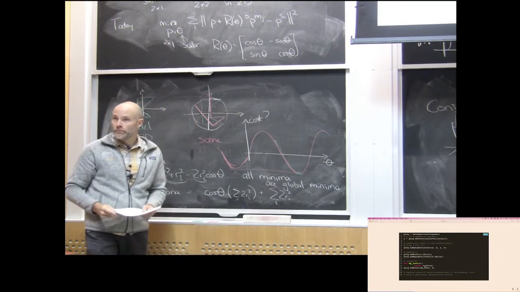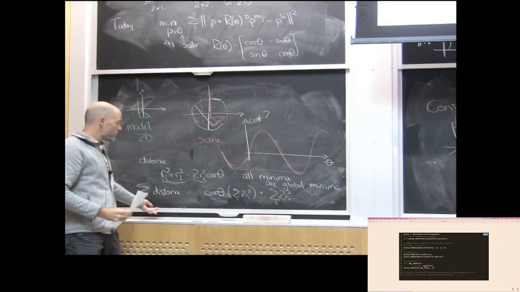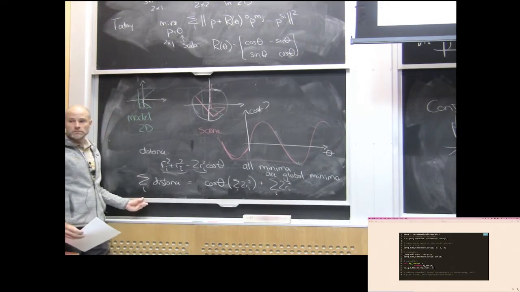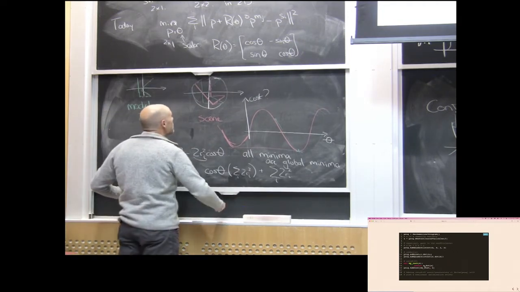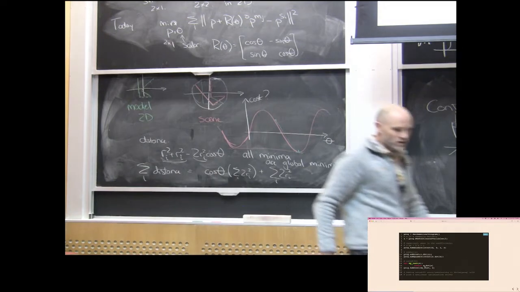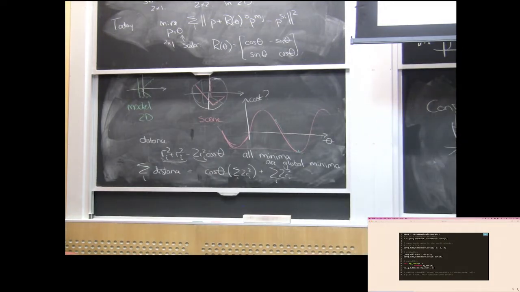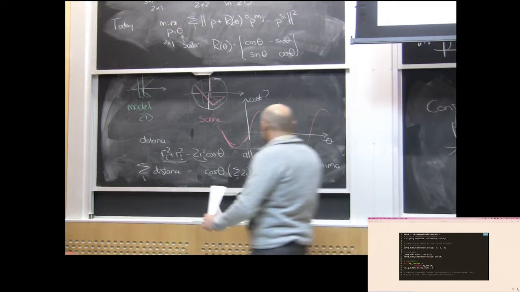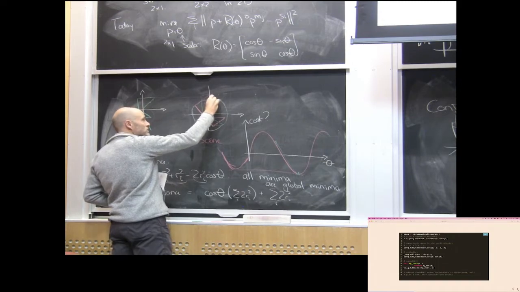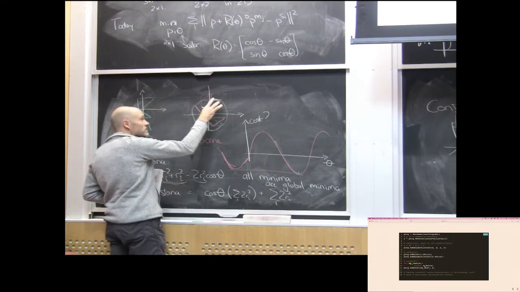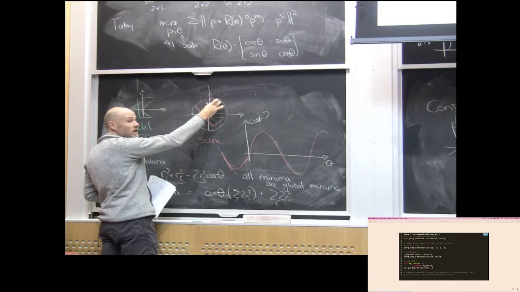Yes? So I'm just trying to understand this r_i squared situation. What does that correspond to in terms of a circle? Yeah. I was just trying to find a function to compute this distance, right? The distance between the point on the model and the corresponding point in the scene.